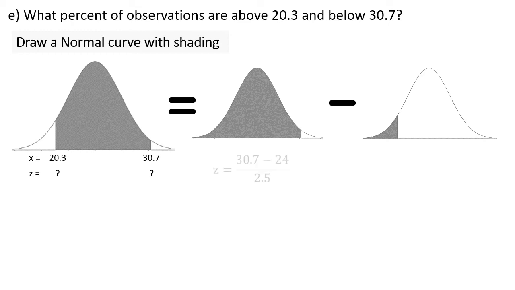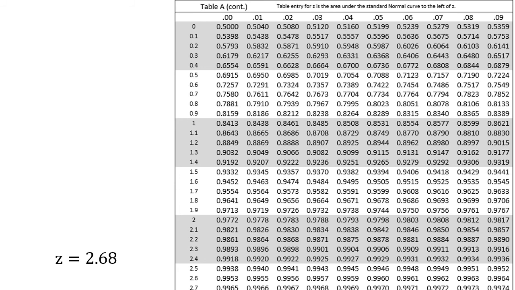All right, so we want to find our z-scores. The z-score for the 30.7 is 2.86. We want to find the z-score for the 20.3. Oh, wait a minute, before we go to that, let's go back and find our area to the left of that z-score.